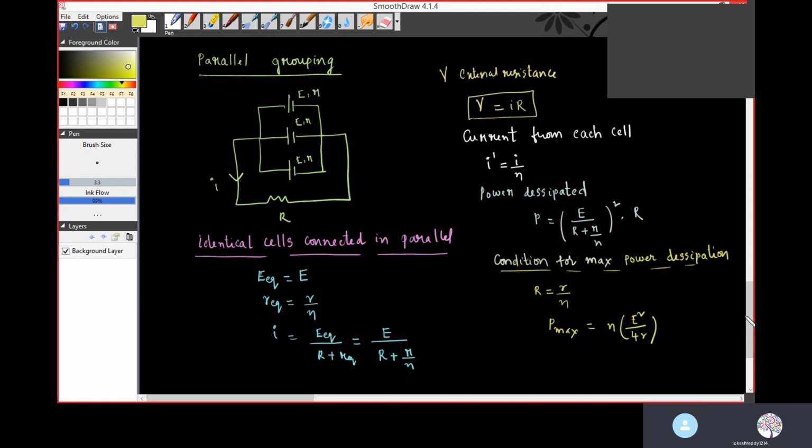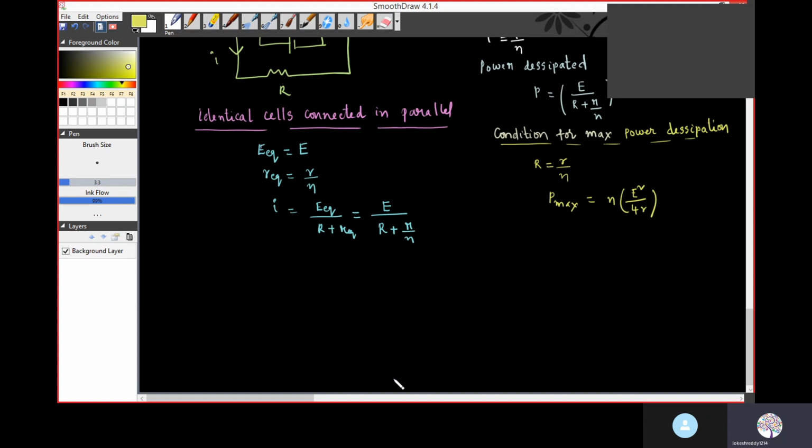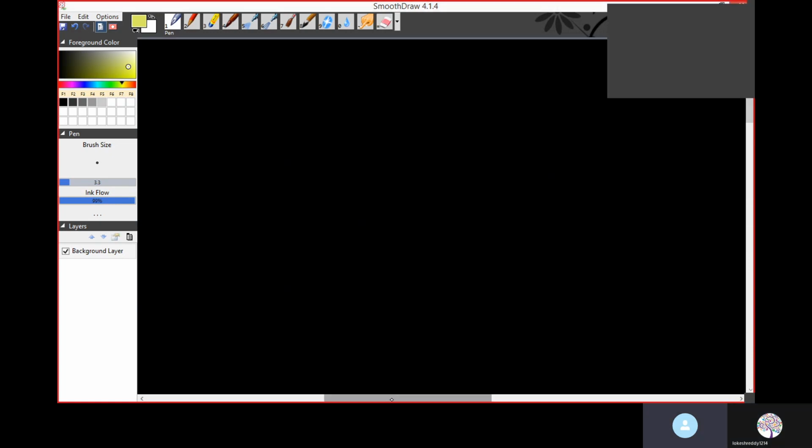Now we will discuss non-identical cells connected in parallel.